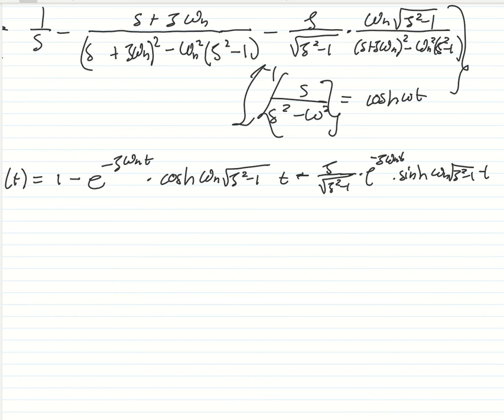And we can still substitute our omega d. We can make it just equal to omega n times the square root of zeta squared minus 1 in this one.